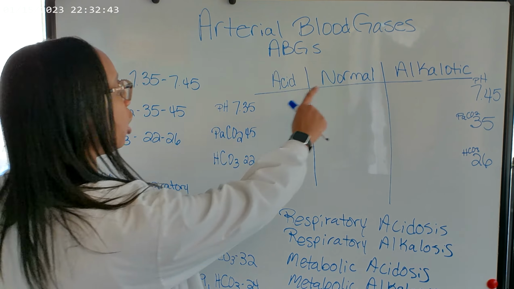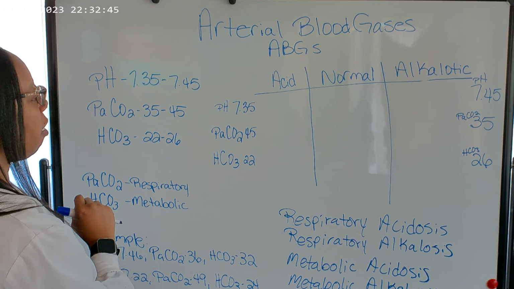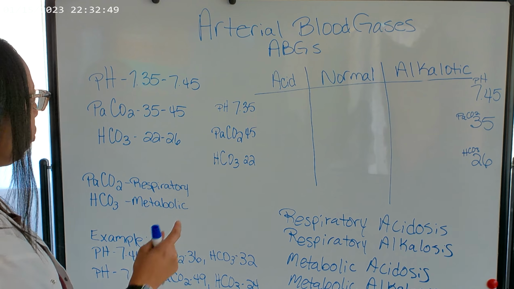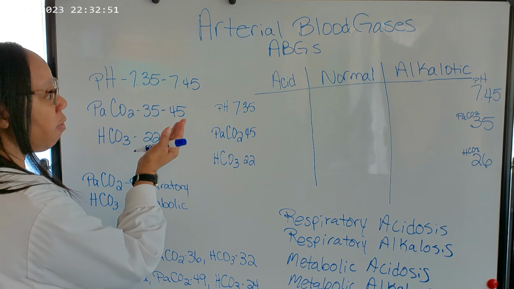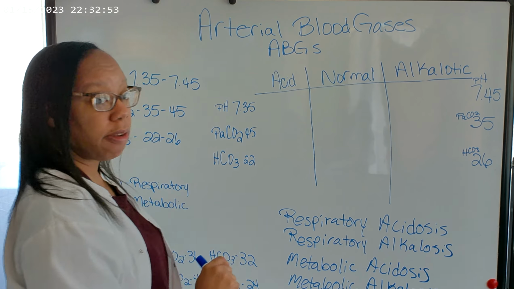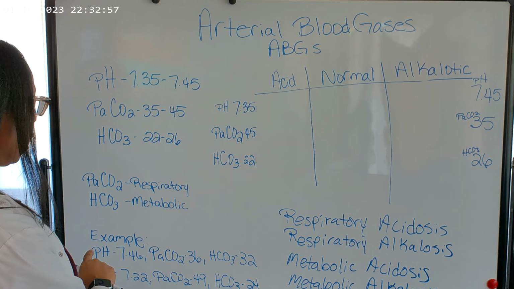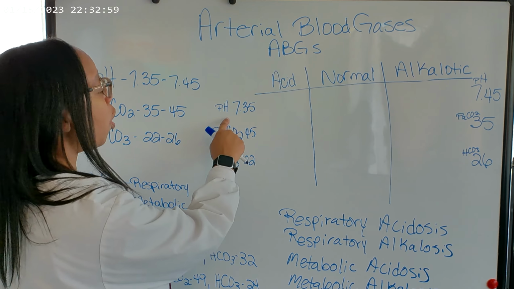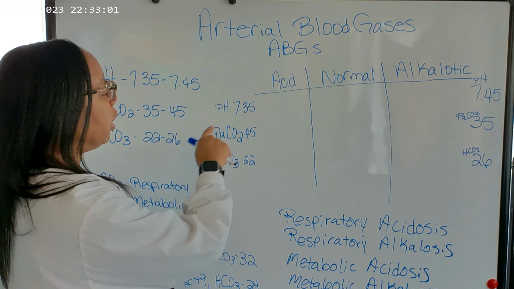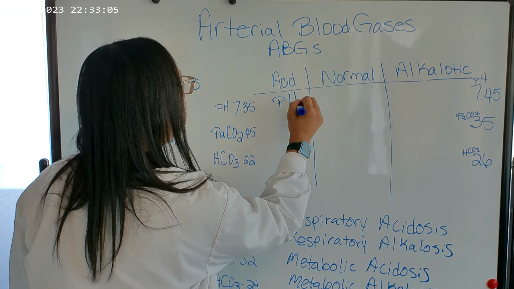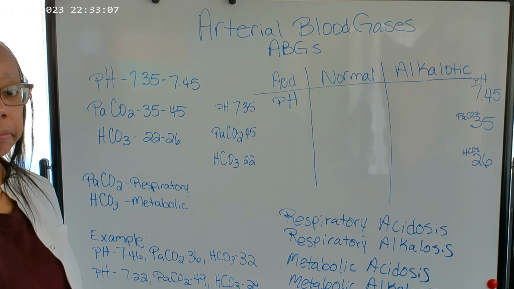Where does that fall? Is it acidic, normal, or alkalotic? Below 7.35 is acidic. Above 7.45 is alkalotic. Our pH is 7.22, so it falls below our 7.35. So right now our pH is acidic.